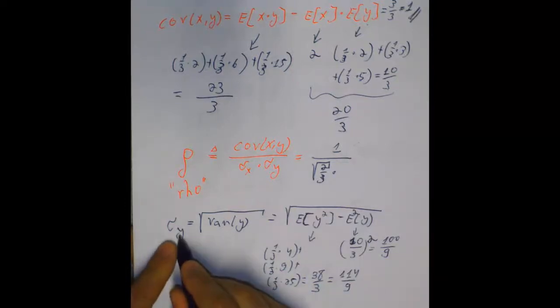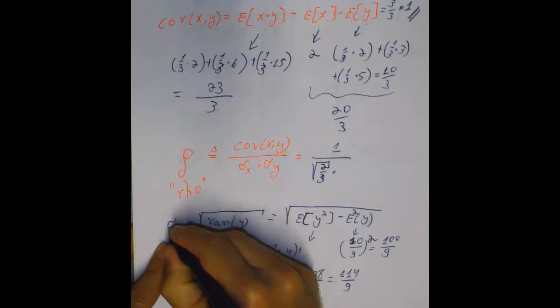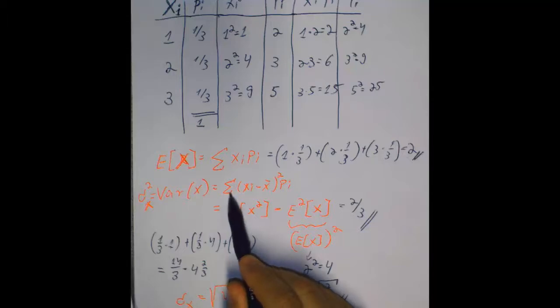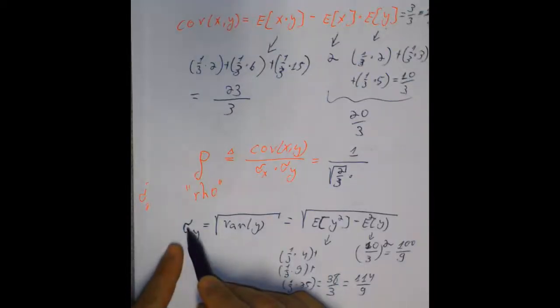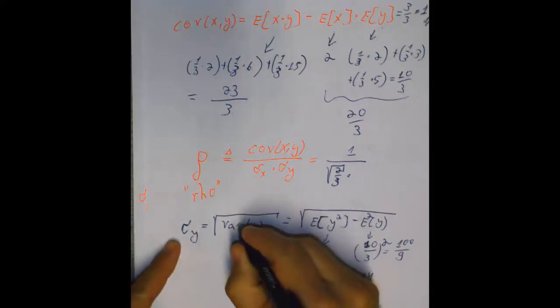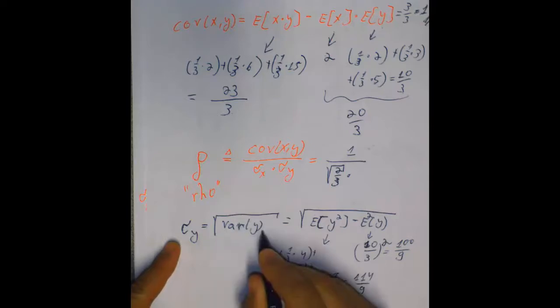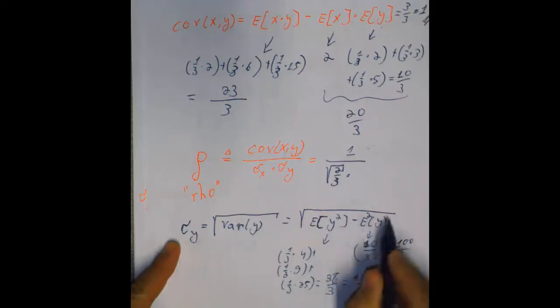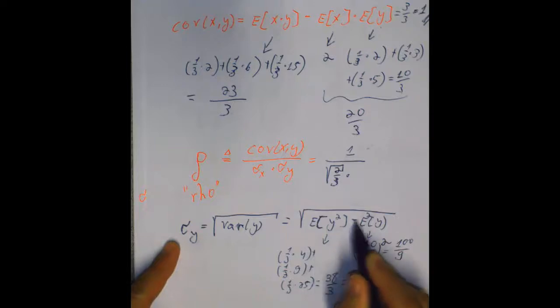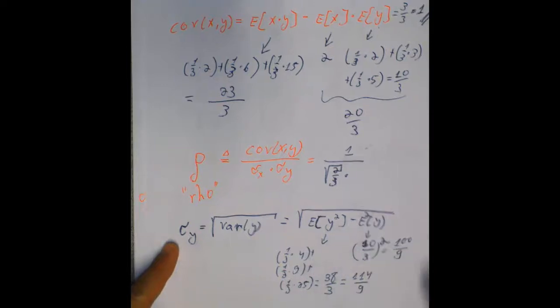Standard deviation of y, sigma of y. By the way, just in case you haven't noticed so far, this is sigma, and this is also the Greek letter sigma. But this is uppercase sigma, and this is lowercase sigma in Greek. So standard deviation of y is obviously the square root of variance of y, and the definition of variance is expected value of y squared minus the square of the expected value of y.